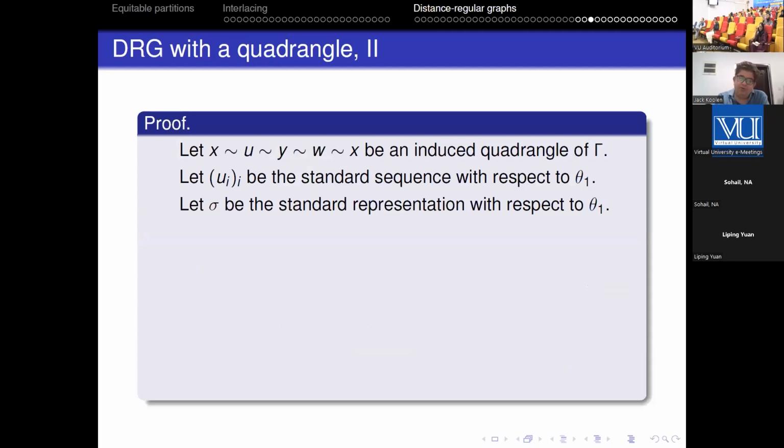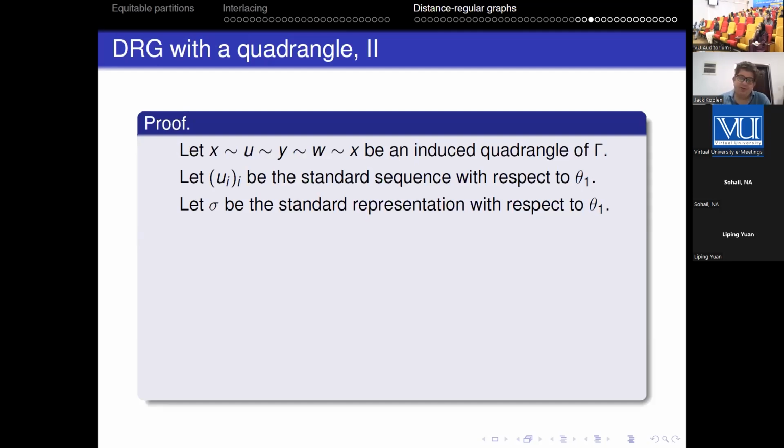So how do you prove this? It's not difficult. You will see it is amazingly trivial. You take an induced quadrangle, say x adjacent to u, adjacent to y, adjacent to w, adjacent to x.